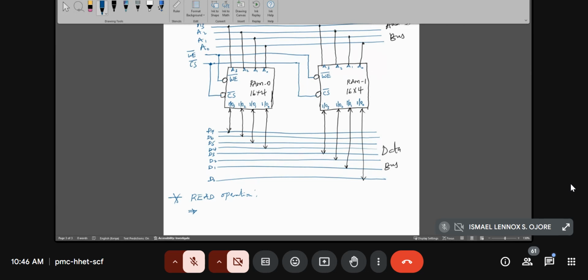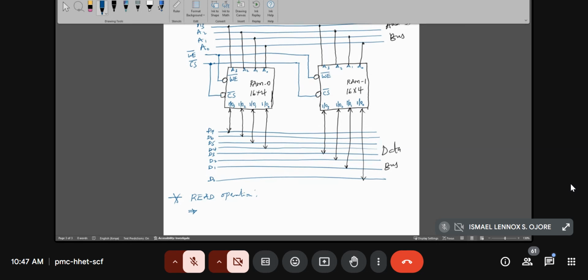So what should be the status of those 2 control lines so that a read operation is possible? Anybody? What should we drive at the 2 control lines to have a read operation? Yes? I think the chip select should be driven low, and the write enable should remain high.